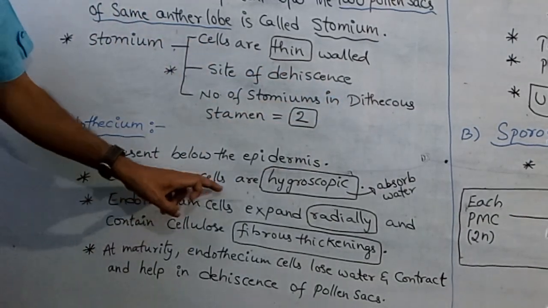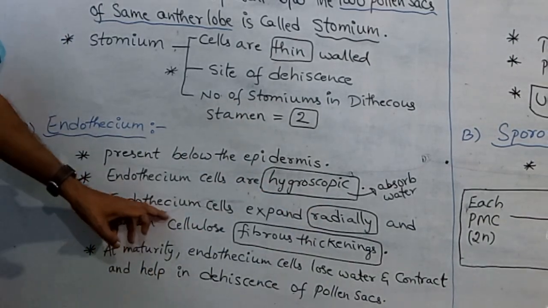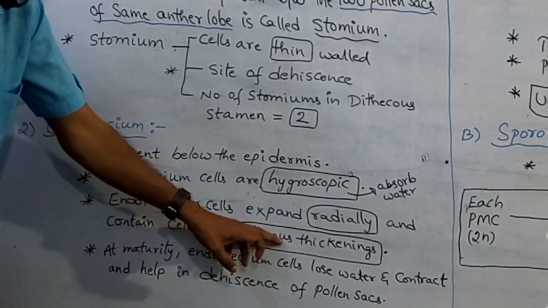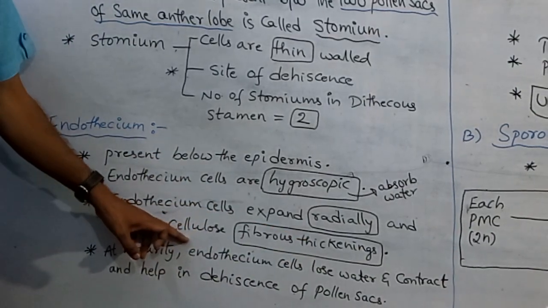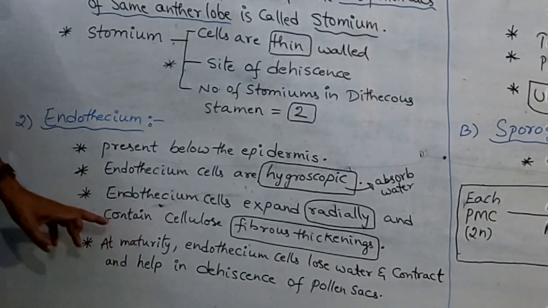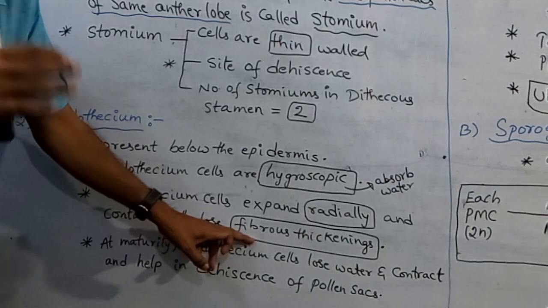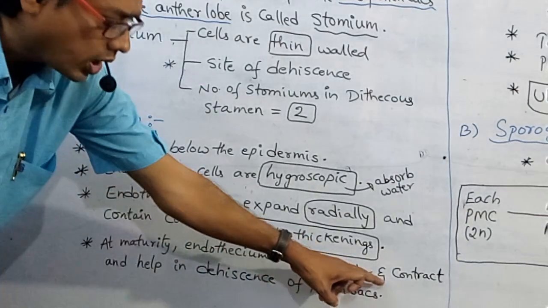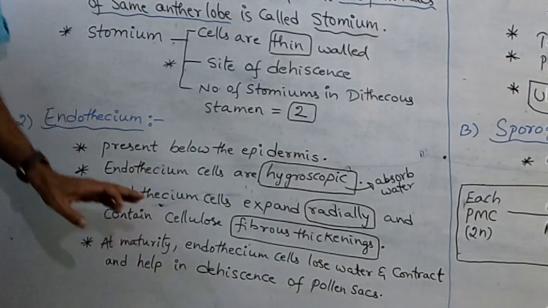Endothecium cells expand radially and contain cellulose fibrous thickenings. That means fibrous thickenings are made up of cellulose. Fibrous thickenings are found in which cells? Endothecium cells. Next, at maturity, endothecium cells lose water and contract and help in dehiscence of pollen sacs.